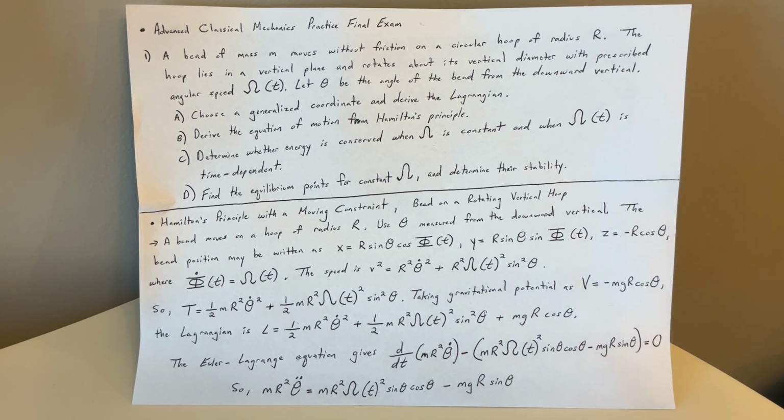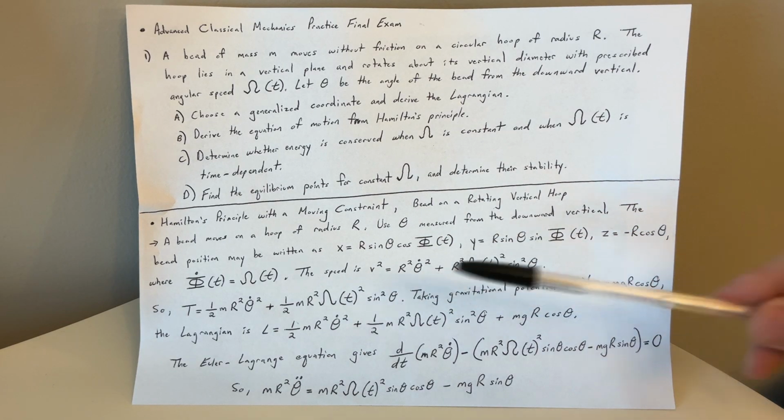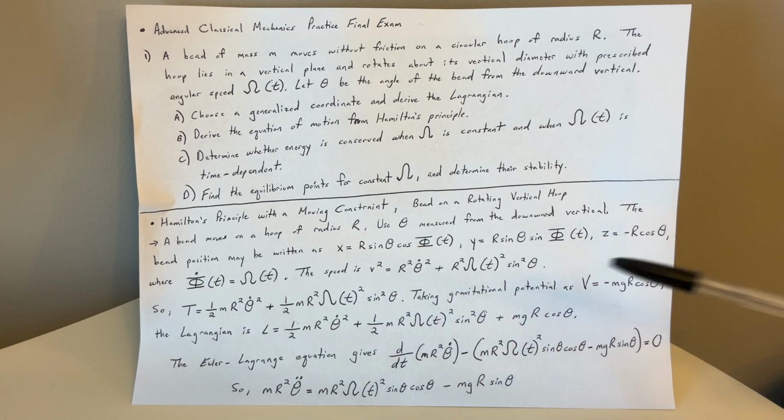Z is going to equal negative r cosine theta. And that's where capital Phi dot of t equals capital Omega of t. So the speed v squared equals r squared theta dot squared plus r squared Omega of t squared sine squared theta.